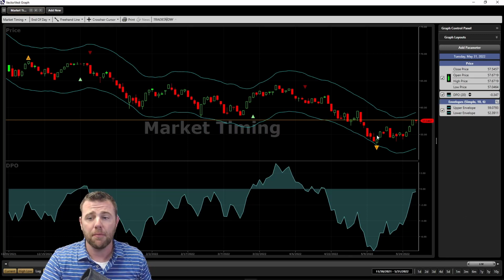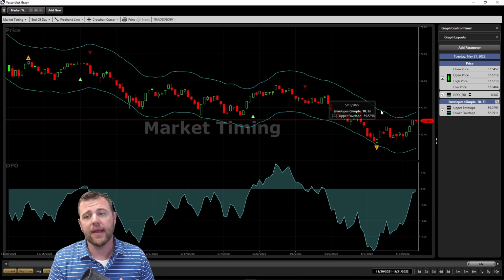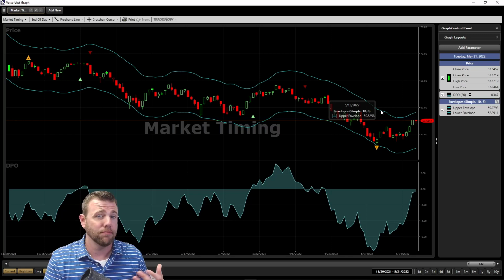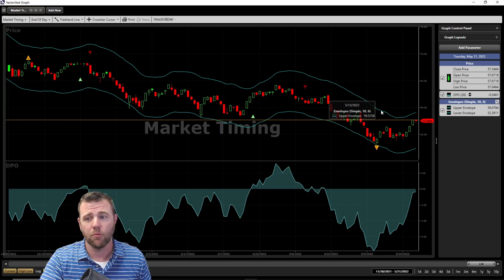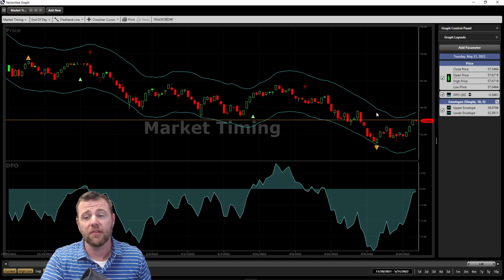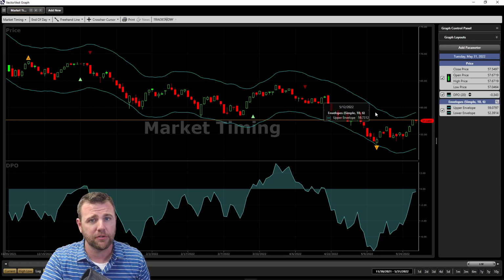Essentially, whenever price breaks below or goes above one of these envelopes, that indicates an overbought or oversold condition and indicates that the stock, or the market in this case, is due to correct and come back to the mean, or that middle ground, if you will. So whenever you see it break below these envelopes or break above these envelopes, expect to see a snapback occurring in the very near future.